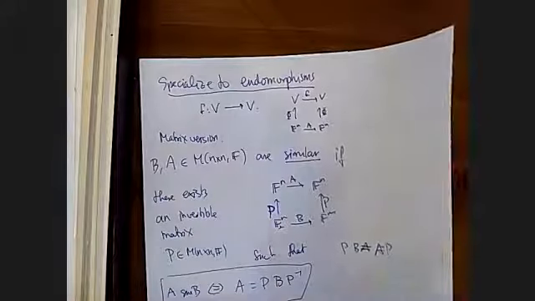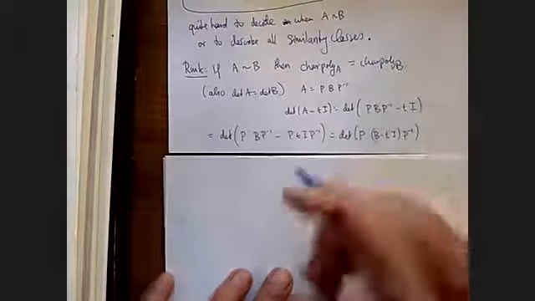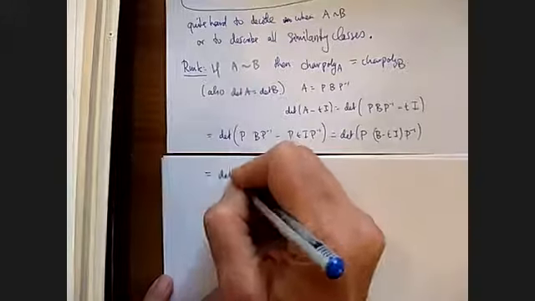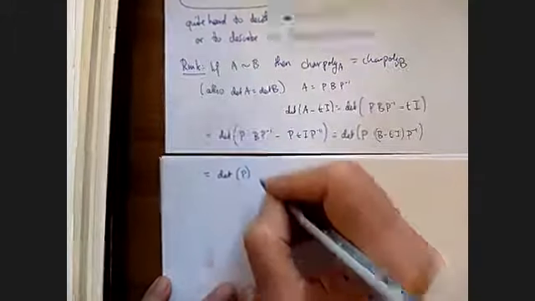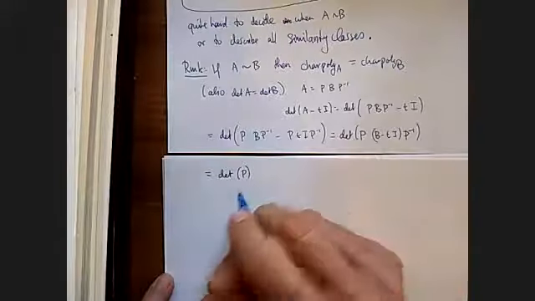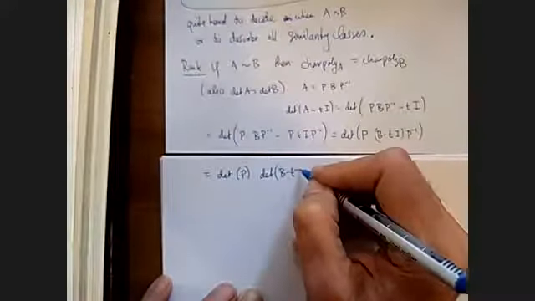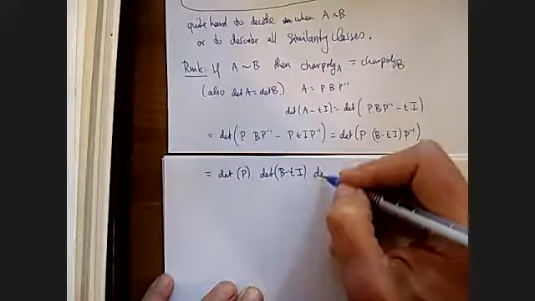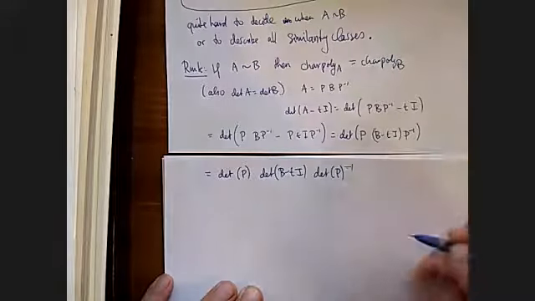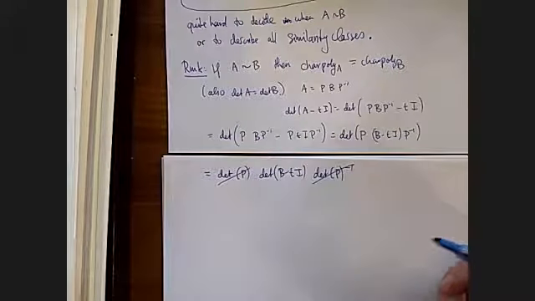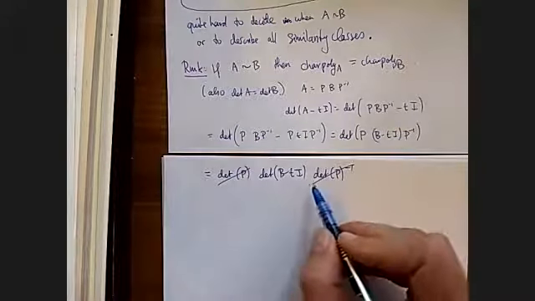And by the multiplication formula for the determinant, I get that this is the determinant of P times the determinant of B minus Ti times the determinant of P inverse. And then these two determinants cancel because now these are numbers which commute with each other.